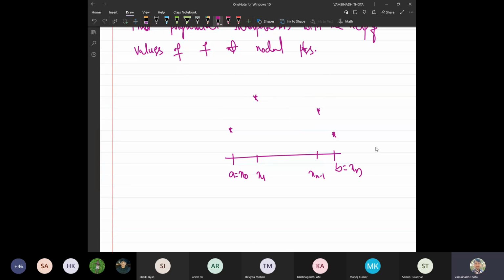That is one thing. Now, suppose only 2 points are there, then what is the polynomial that can cover these 2 points? It is a straight line. A straight line means the degree of the polynomial is 1 here.